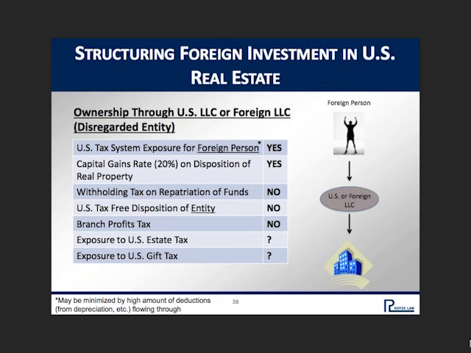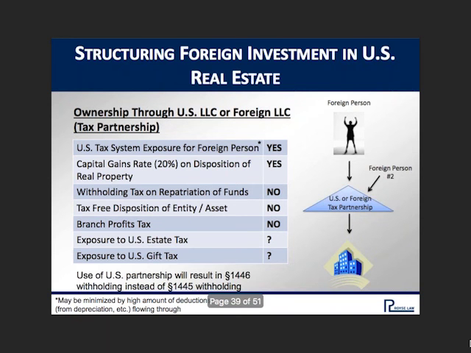You may have a chance of avoiding U.S. estate tax if you have a foreign LLC, depending on a lot of as yet undetermined law. But as you mentioned earlier, with the U.S. LLC that's disregarded, now there are reporting requirements that may make you tell them more about you than you'd like to tell them. Yeah, that's right.